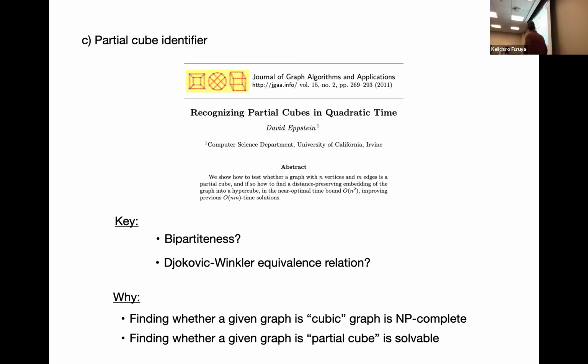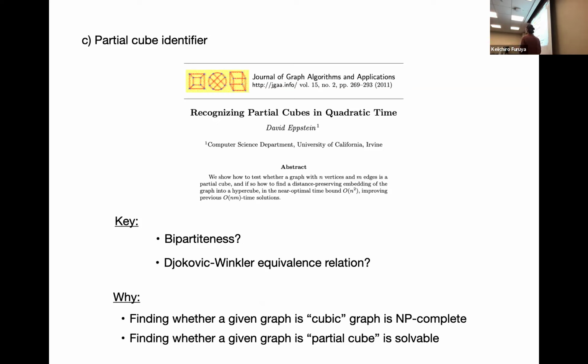The partial cubeness is important because if someone gave you a graph and your task is to find whether the graph is a partial cube or not, you can do this in polynomial time, or quadratic time. But if the graph is not a partial cube but is still embeddable into a hypercube, without labels, then it's called a cubical graph.